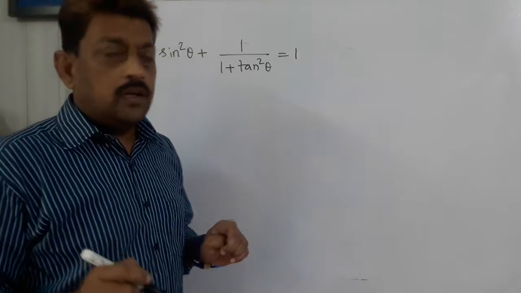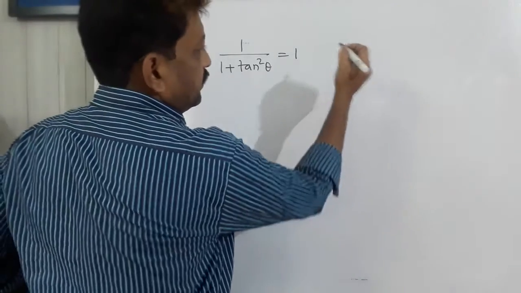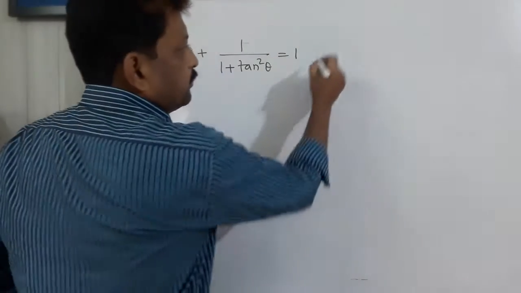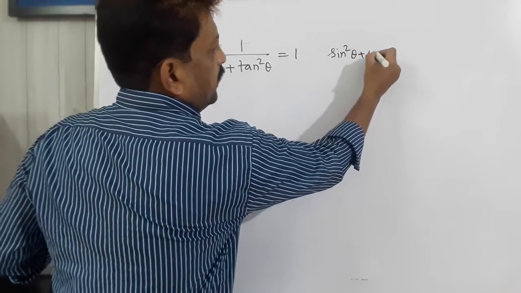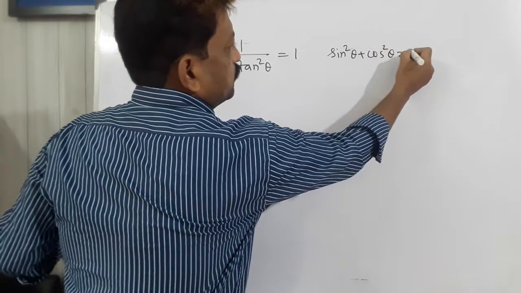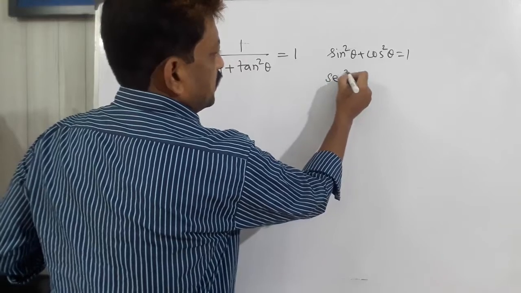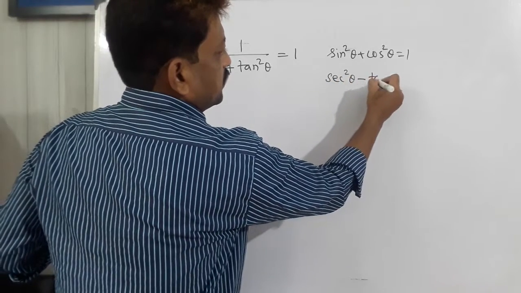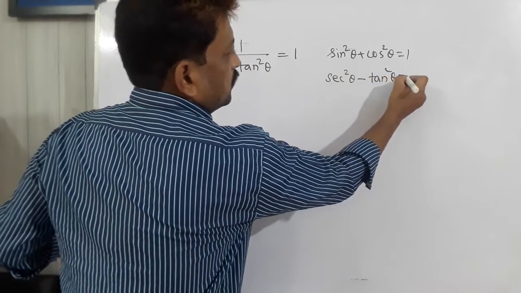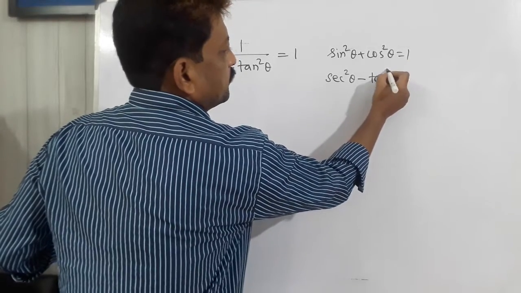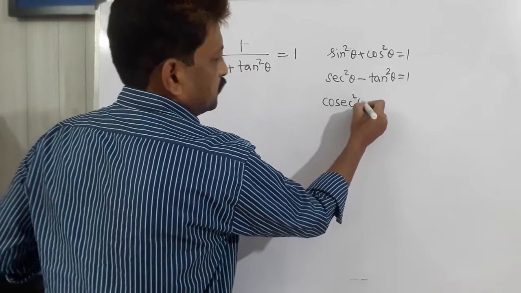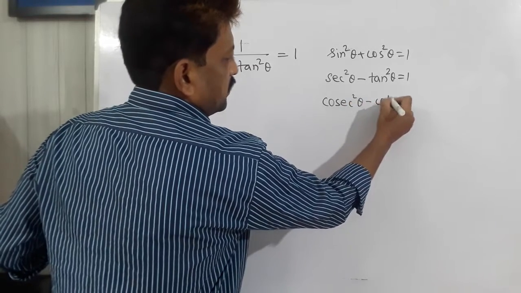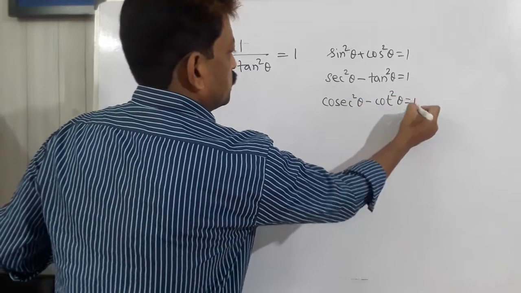Now first of all, let me write all those identities which we learned in the previous session. That is sine square theta plus cos square theta equals 1, sec square theta minus tan square theta equals 1, cosec square theta minus cot square theta equals 1.